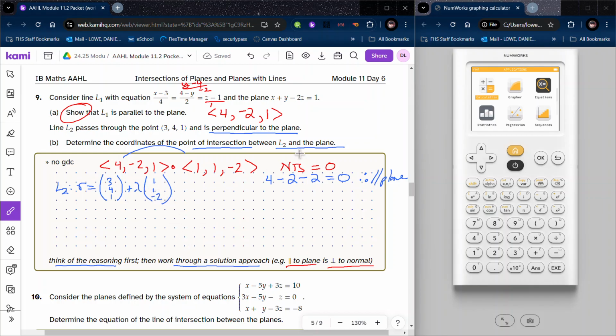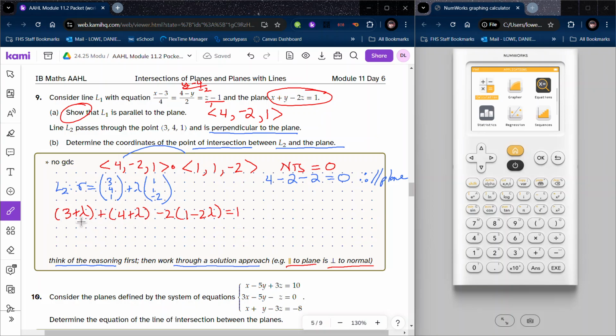Okay, so how do I find the intersection? Well, I need to take the parametrized form of the line and substitute into the plane. So my plane equation, x plus y minus 2z: 3 plus lambda, plus 4 plus lambda, minus 2 times 1 minus 2 lambda, that must be equal to 1.